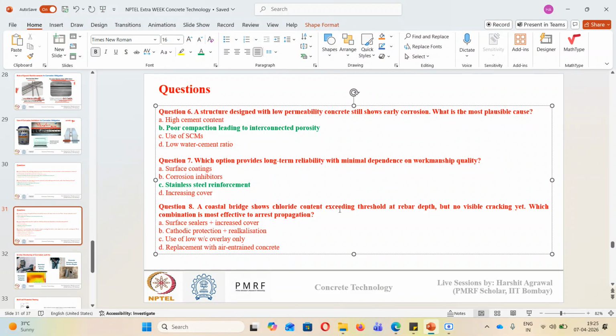Okay, so we know corrosion has initiated, but there is no cracking on the surface yet. So if we want to delay the propagation, which combination of techniques should we use?